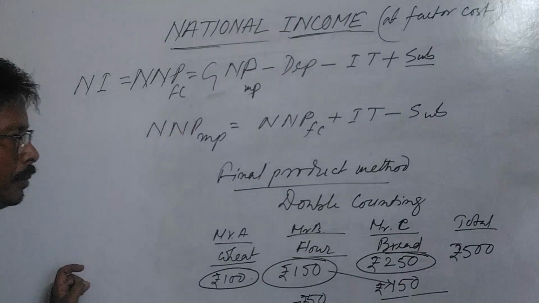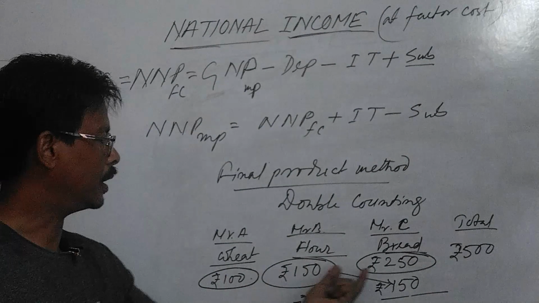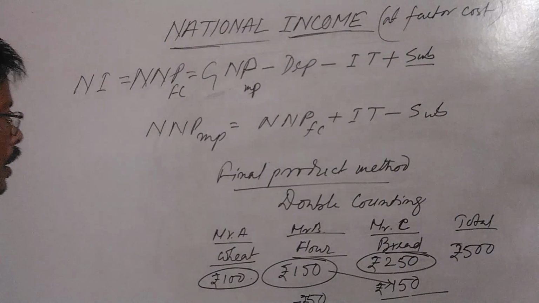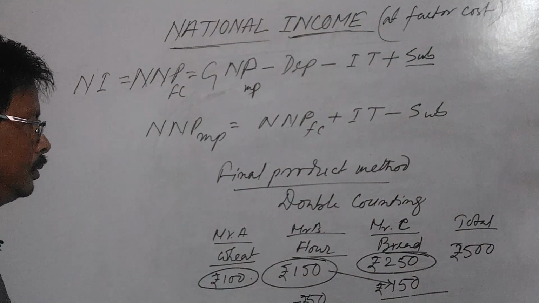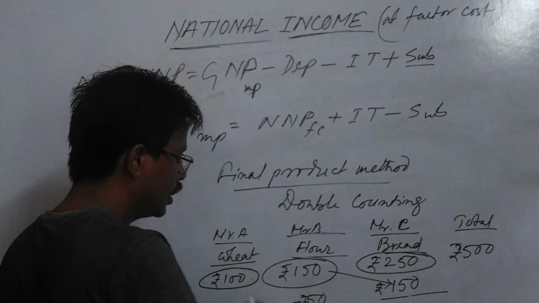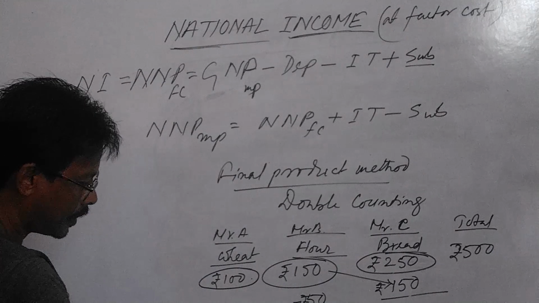This will be the value of the total final product. In the final product method we will obtain the value of rupees 500. Now is it right or wrong? It is totally wrong, because it includes the value of intermediate goods.